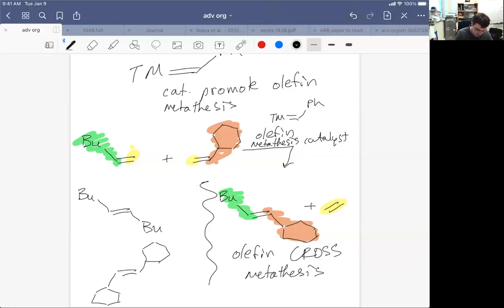And certain nuances about what catalyst you choose will impact the likelihood of forming a homodimer or a cross metathesis product. Now, in all of these cases, the byproduct here is ethylene or ethene gas.